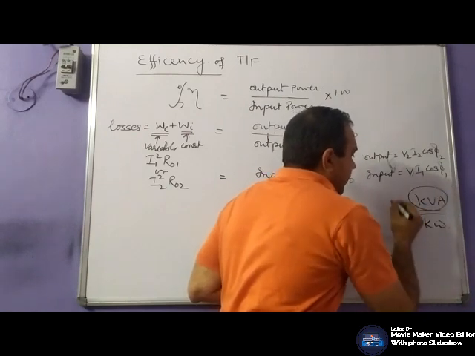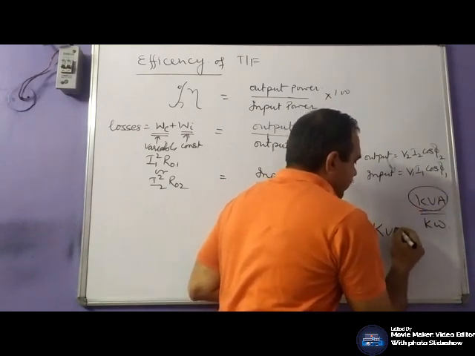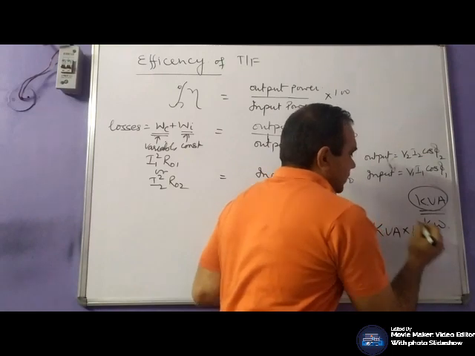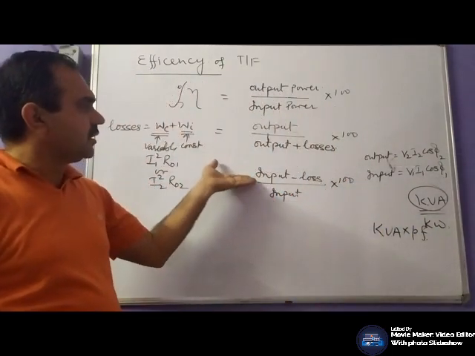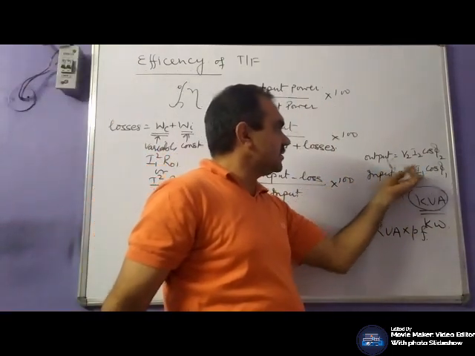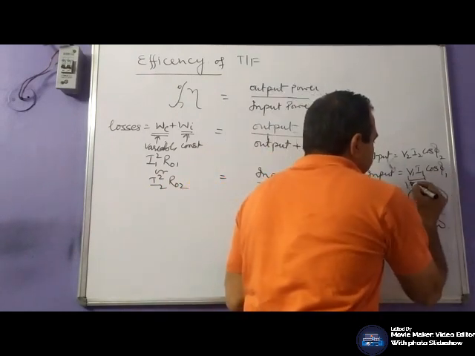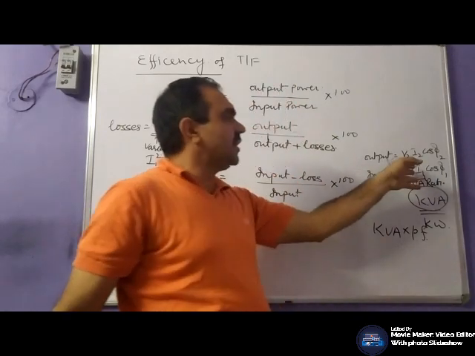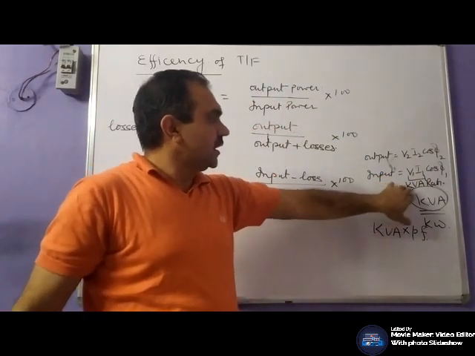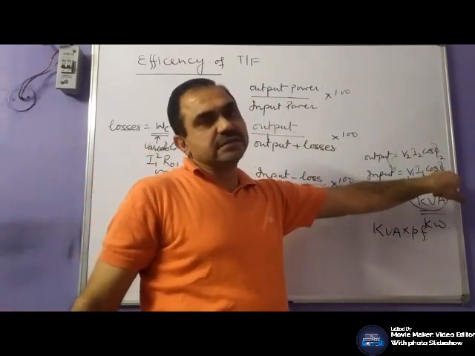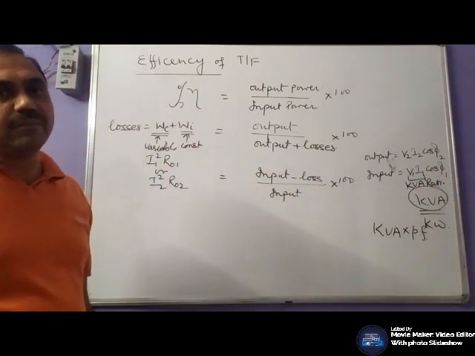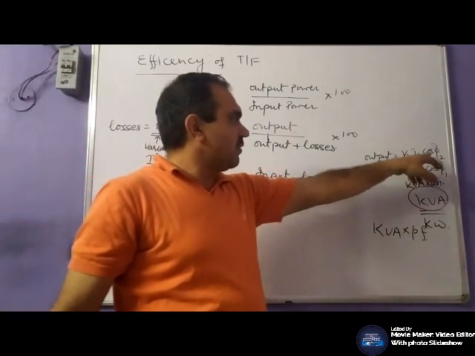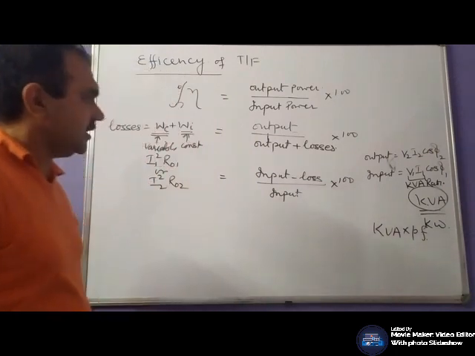Means your kVA rating is being multiplied with the power factor of the circuit. If you are taking input, V1 I1 is the apparent power, that is the kVA rating, volt ampere rating, and cos phi 1 is the power factor at the primary side. Cos phi 2 is the power factor at the secondary side.